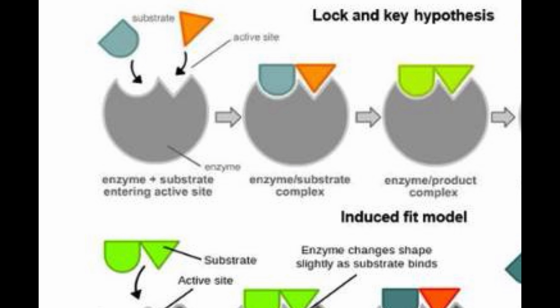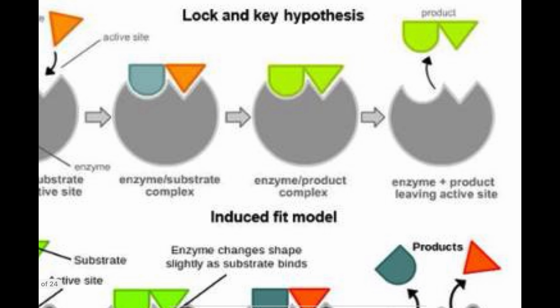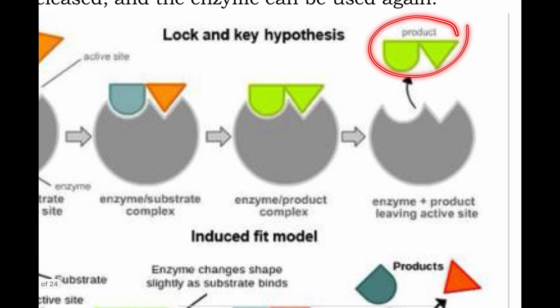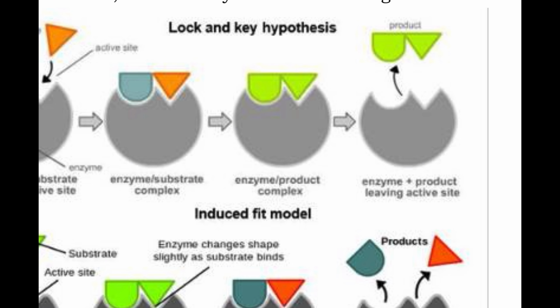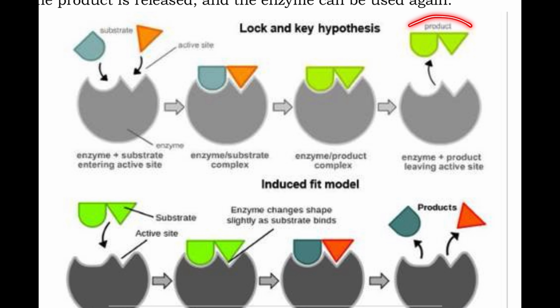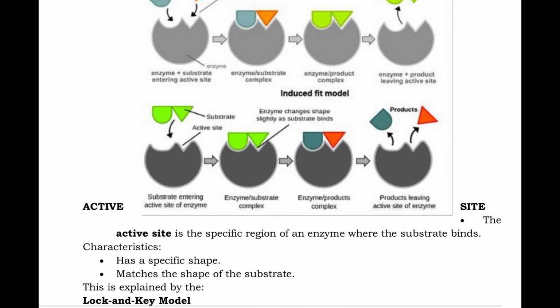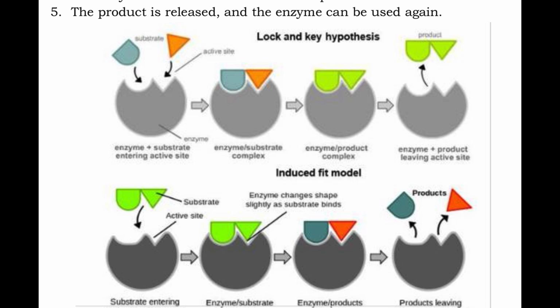Well, basically, kailangan yung enzyme niya specific lang sa kanyang substrate. So here, the enzyme-product complex. Here we have your product, and enzyme plus product leaving the active site. So this is your product already, and this is your enzyme, and the product is leaving the active site. This is the lock and key hypothesis.